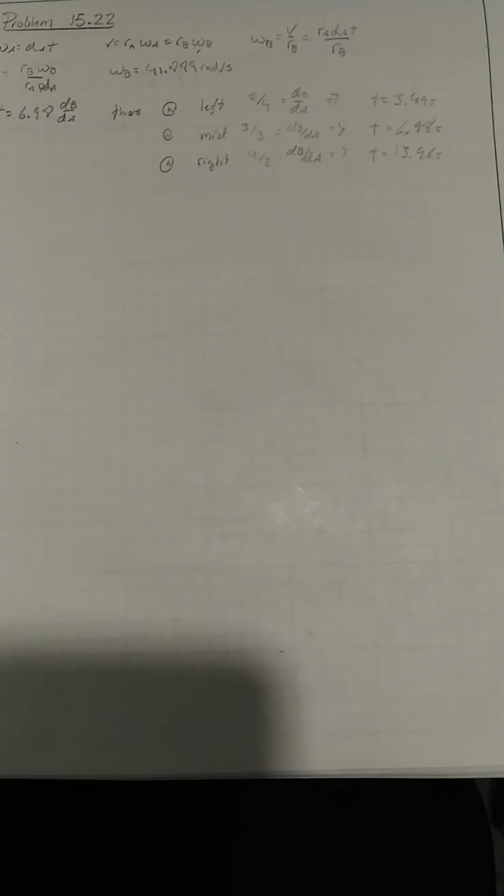And then we just plug in our different values for dB over dA at the left, middle, and right. Solve those for T, and in the first one on the left we get T equals 3.49 seconds. In the middle we get T equals 6.98 seconds, and on the right we get T equals 13.96 seconds.